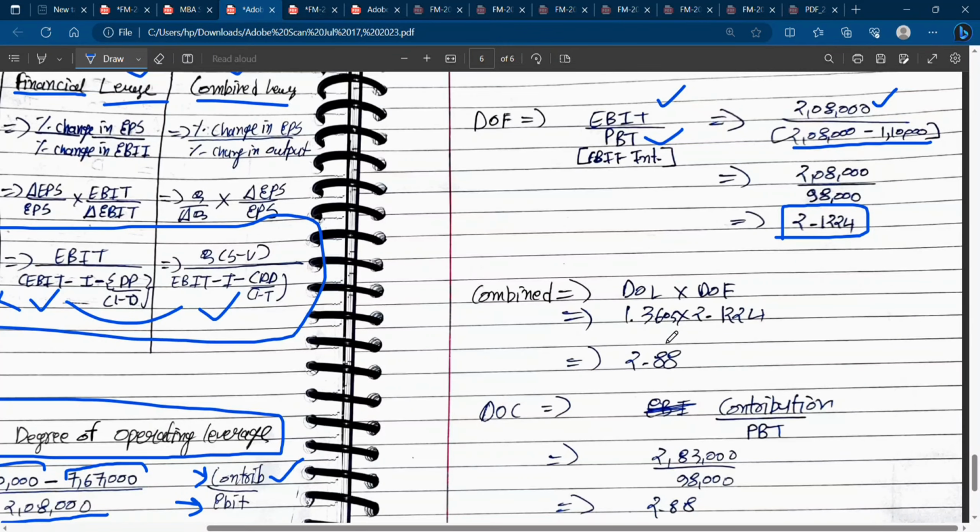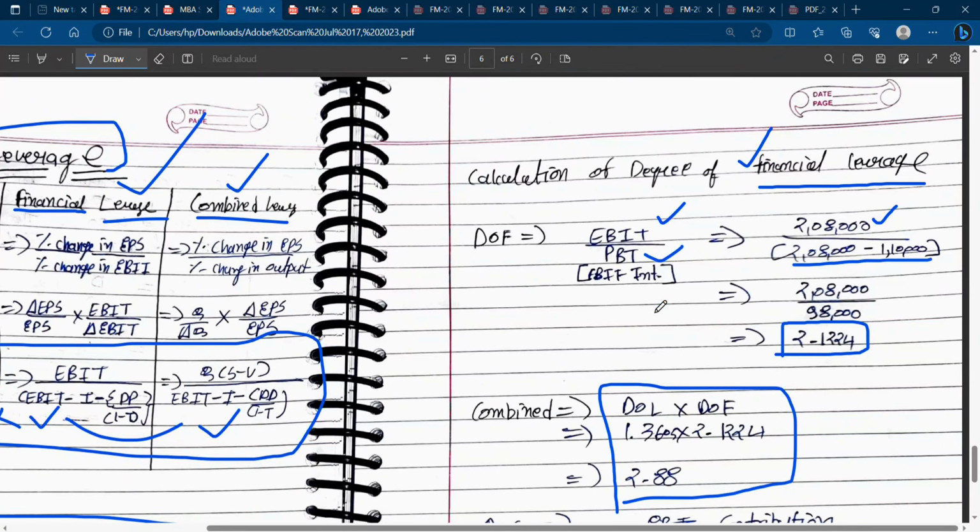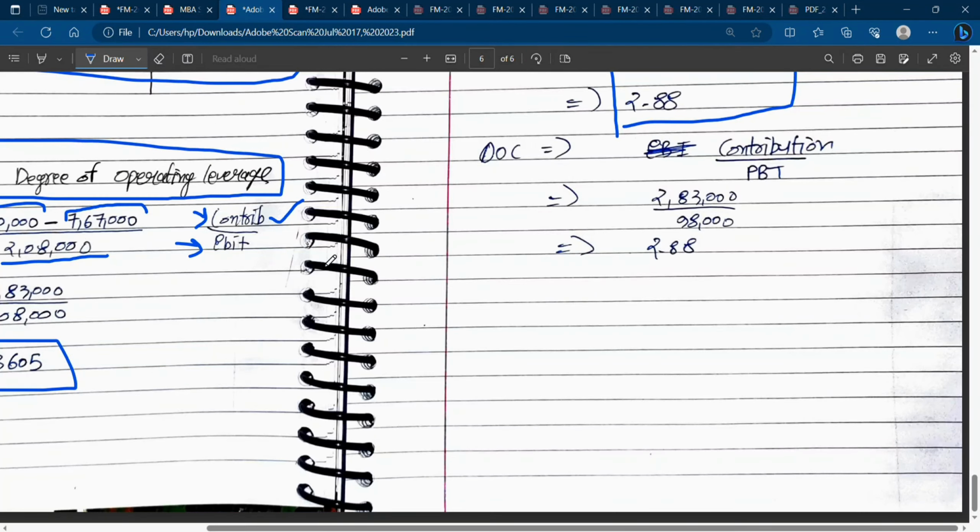And for combined leverage, you can multiply both, or you can divide contribution by profit before tax. It is simply the multiplication of the formulas. The formula for financial leverage is EBIT upon PBT, and for operating leverage it is contribution upon EBIT.